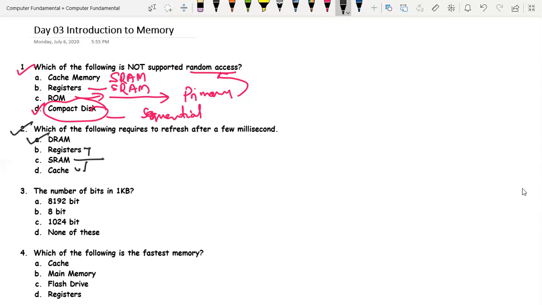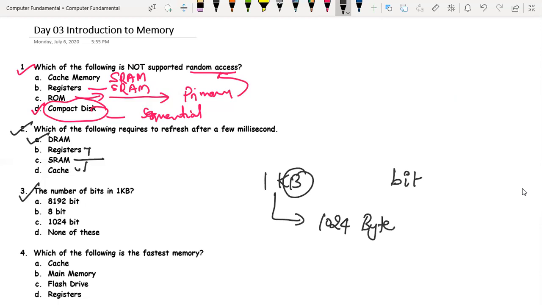Next, the number of bits in 1 kilobyte. See the trickiness here. In 1 kilobyte you have 1024 bytes, not bits. Here I am asking for the number of bits.